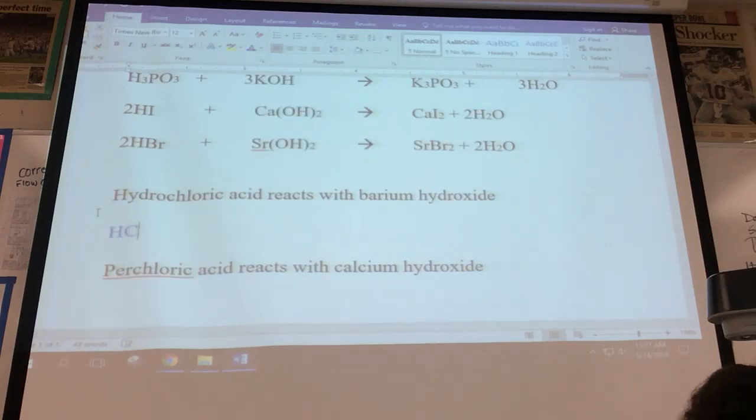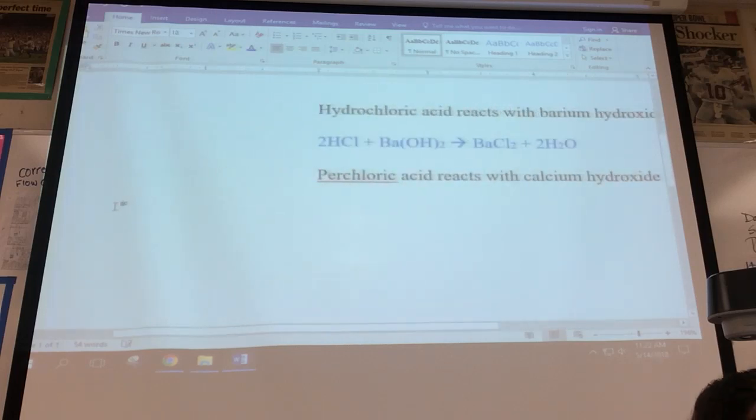Hydrochloric acid, make sure that L is lowercase, reacts with barium hydroxide to generate barium chloride, correctly formula written, and H2O. 2 chlorines on the right, so you need 2 on the left, and 2 water molecules. What about perchloric acid?